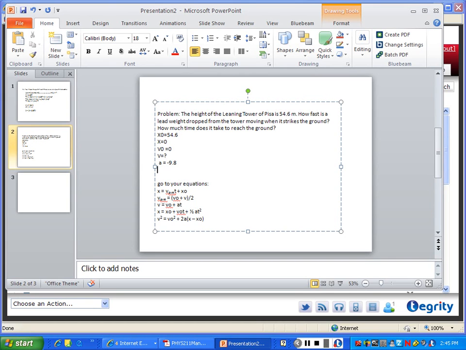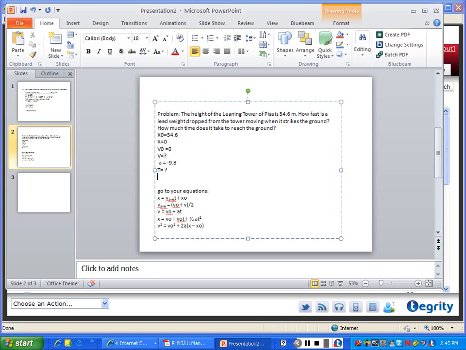And do we know the time? The answer is no, we don't know the time, but that's one of the things we're looking for, t. So if you were to take these things that you know and place them into these equations, you'd have certain quantities that are unknown, in particular V and t, wouldn't you?